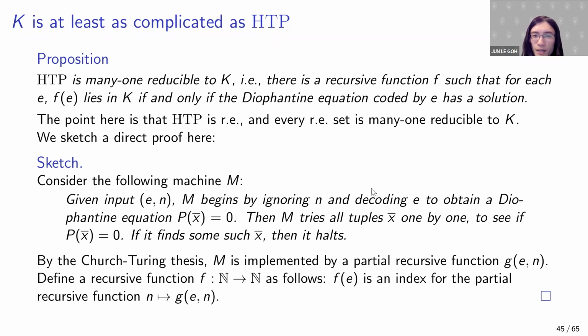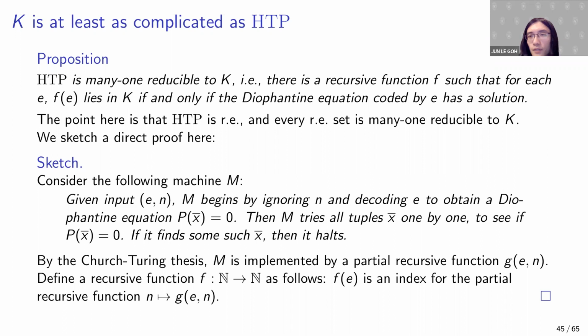This M is going to decode e to obtain a Diophantine equation. So e is the code for some Diophantine equation, and M is just going to figure out what the equation is. And then M is going to try all of these tuples x one by one to see if it's a solution.